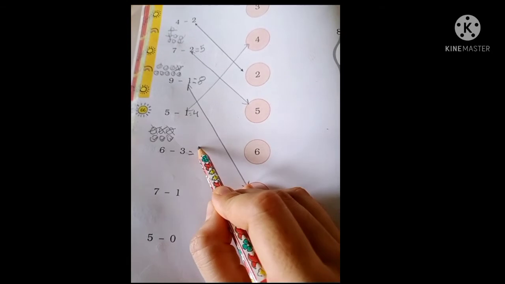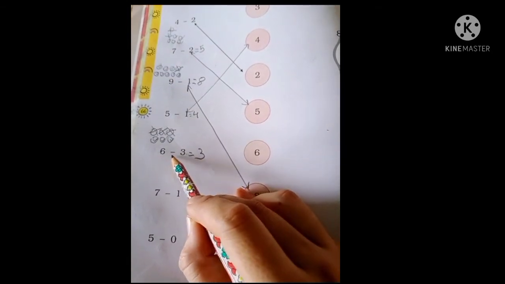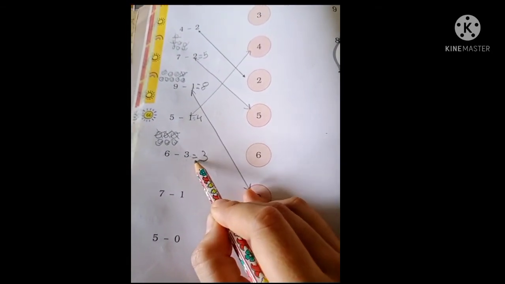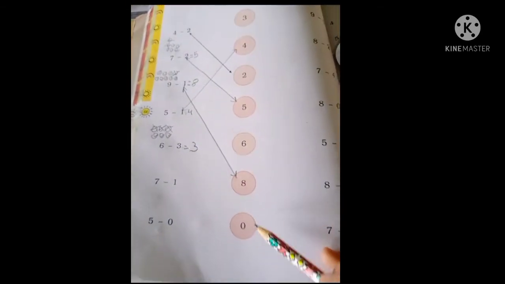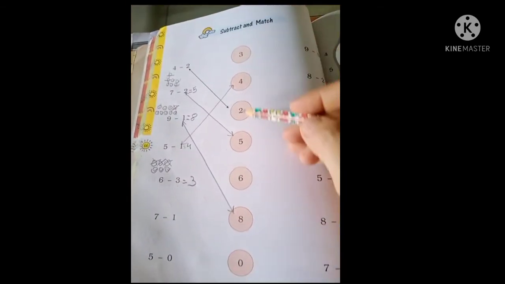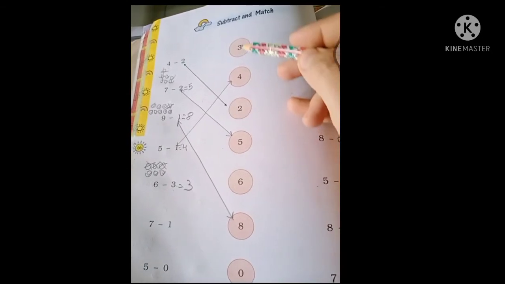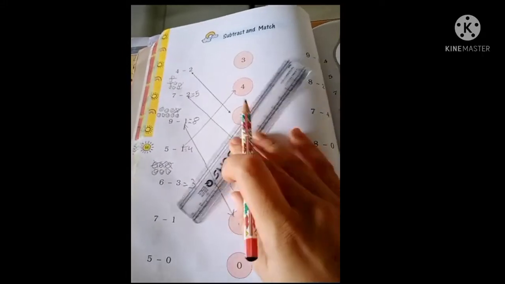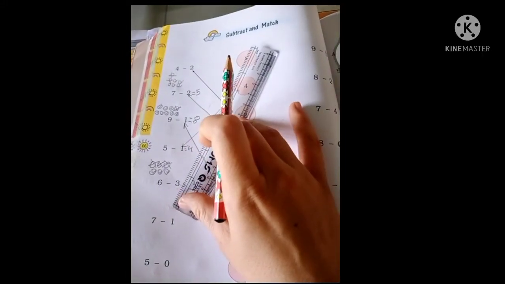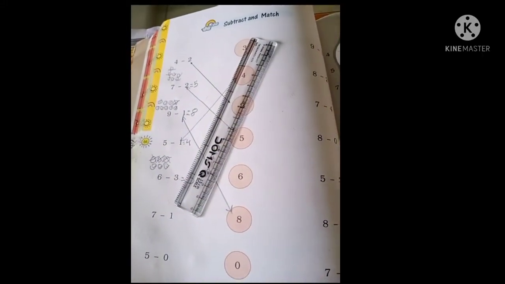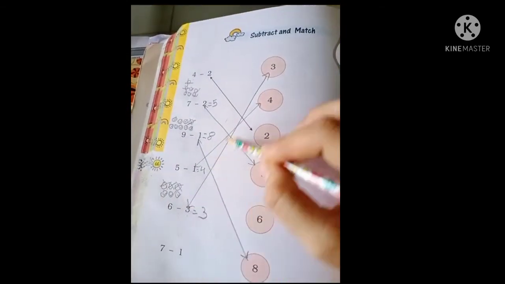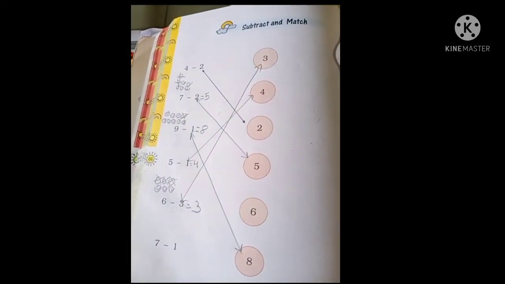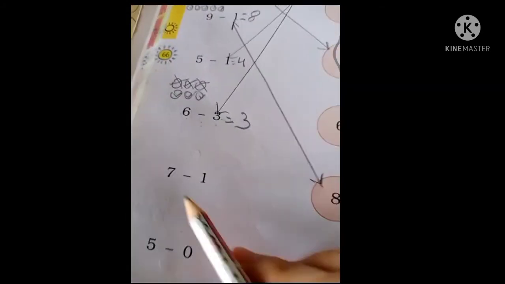How many remaining? 3. So that means 6 minus 3 is equal to 3. So where can you find number 3, students? Here, right? The first one. So by putting a scale like this, you have to match it. Understood, everyone? Like this, you have to match it with the 3. As you get the answer, explain kar you, don't worry.